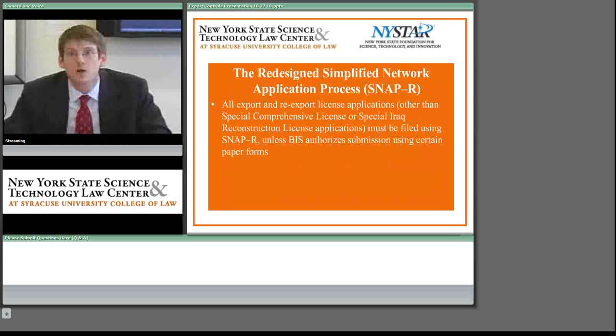All export and re-export license applications, other than Special Comprehensive License or Special Iraq Reconstruction License applications, and their accompanying documents must be filed using SNAP-R, the Redesigned Simplified Network Application Process, unless BIS authorizes submission via the paper forms BIS 748P, BIS 748P-A, and BIS 748P-B.